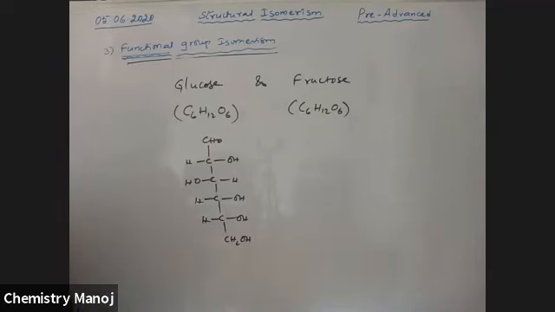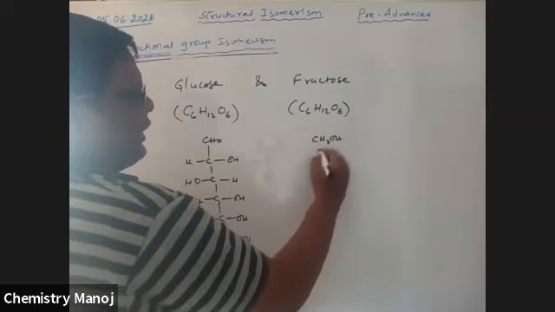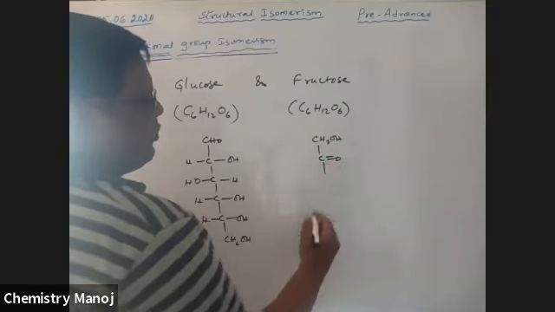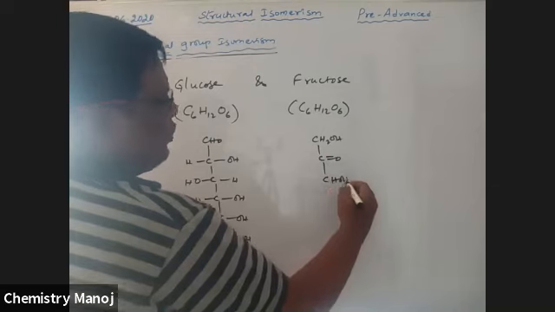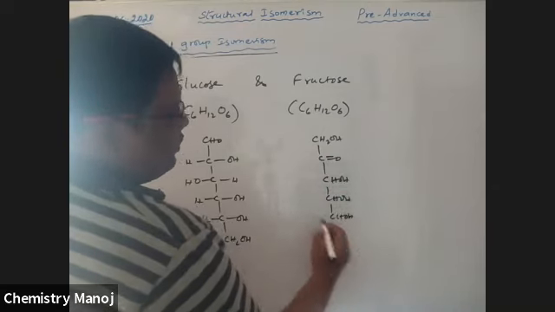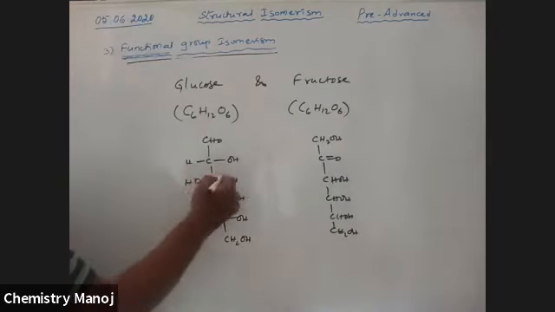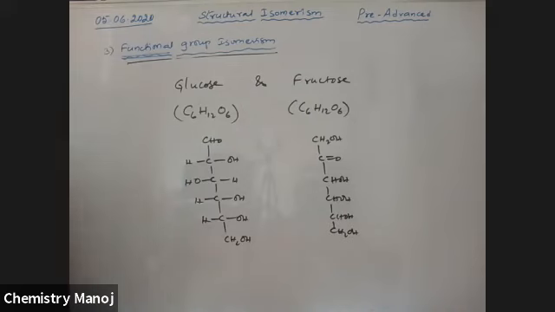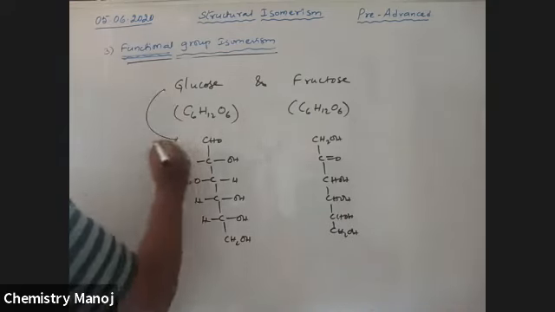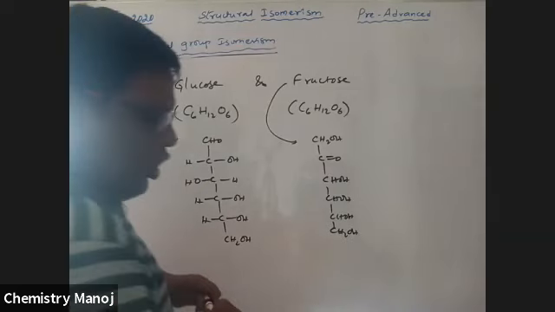Next, fructose: CH2OH, C double bond O, CHOH, CHOH, CHOH, CH2OH. These are all CHOHs. So this is glucose, this is fructose.